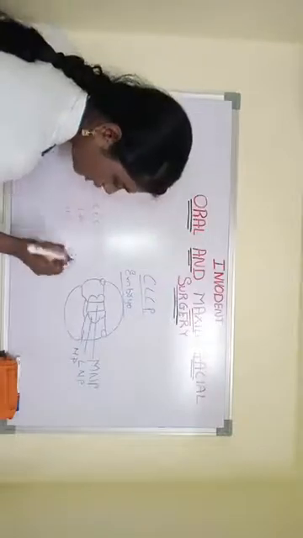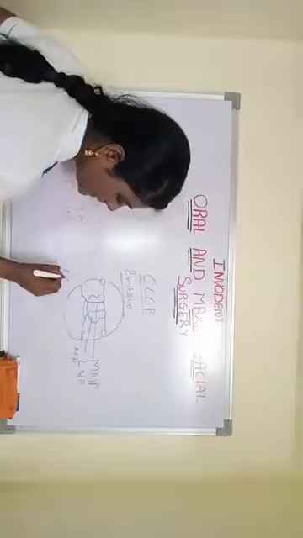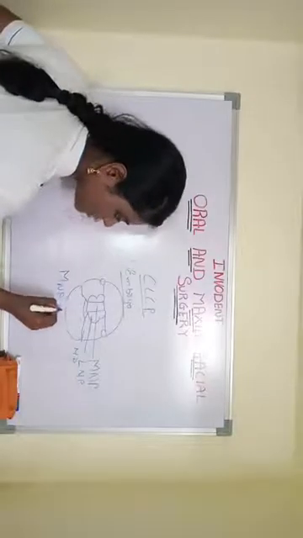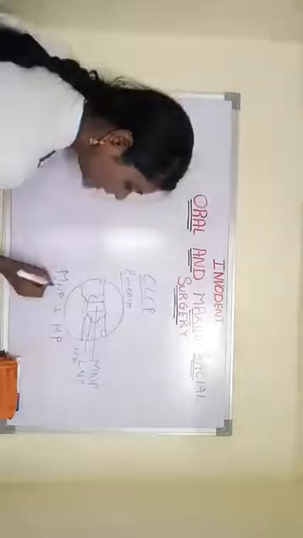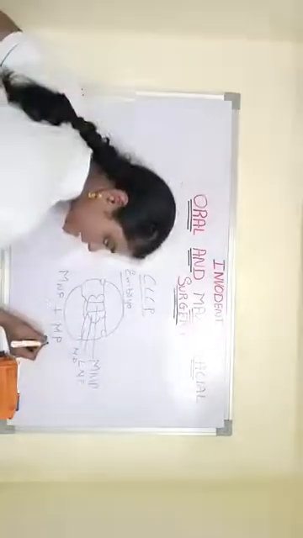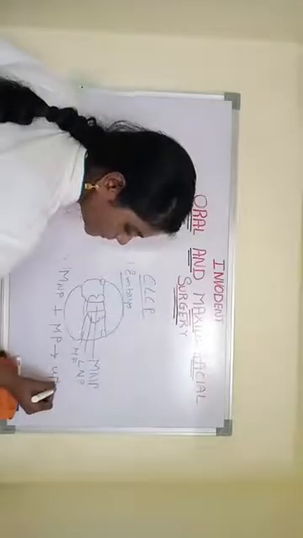So now the point is fusion of the medial nasal process with the maxillary process. Fusion of the medial nasal process with the maxillary process will give rise to upper lip formation.